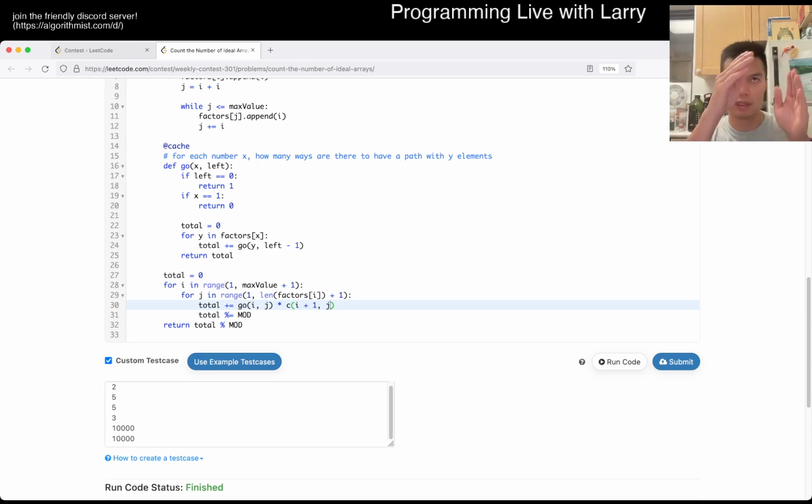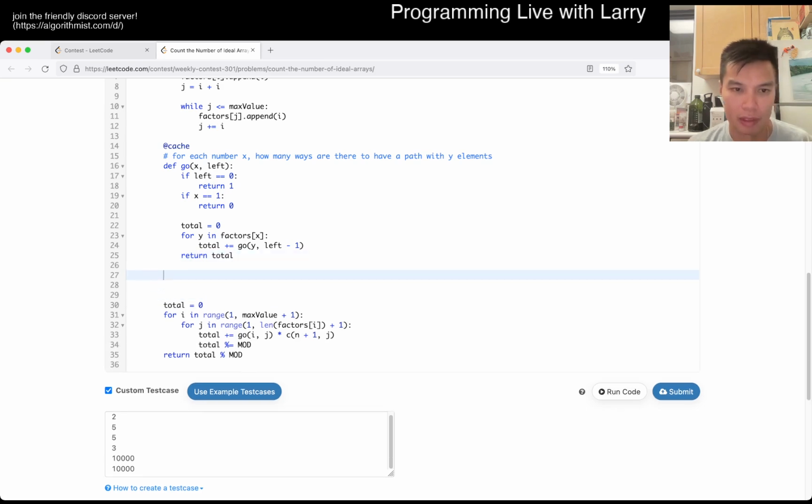Yeah, okay. No, that's not right. What we do have is n plus 1 spaces and j numbers in that path, right? Okay, I think this part is right.